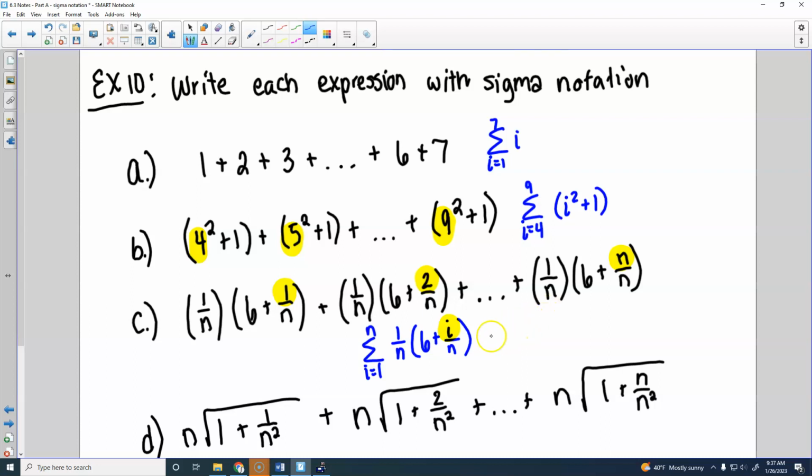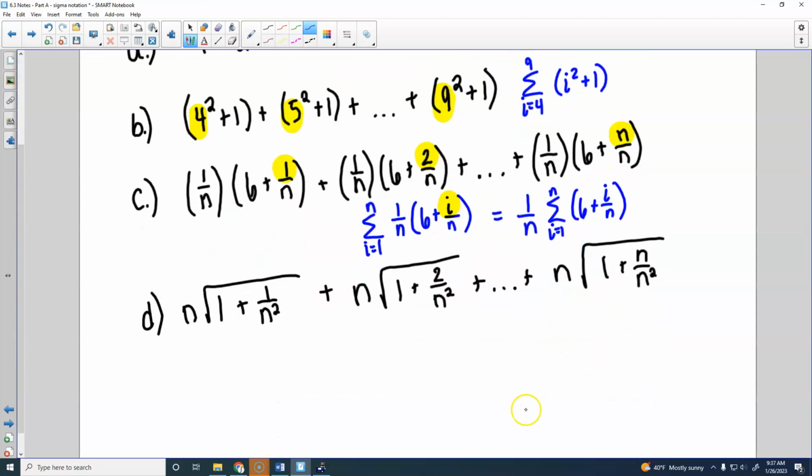In front, yes, you may. You can write it like this, 1 over n, sum from 1 to n of 6 plus I over n, like that. You can do that. So for that last one right there, what value is changing?